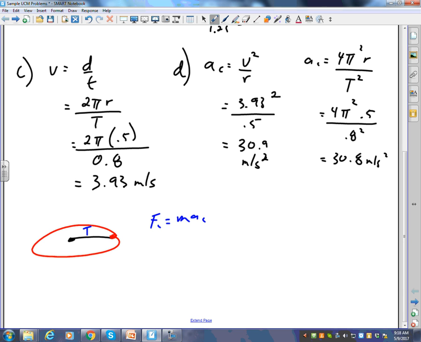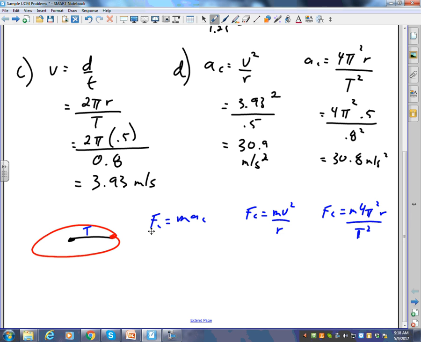Or if you want, you could just go straight to FC is mv squared over r. Basically, that's just this one with an m in front. Or you could also go FC is equal to m 4 pi squared r all over T squared. Any of those would work. But seeing as we've got these already, let's just use this one.